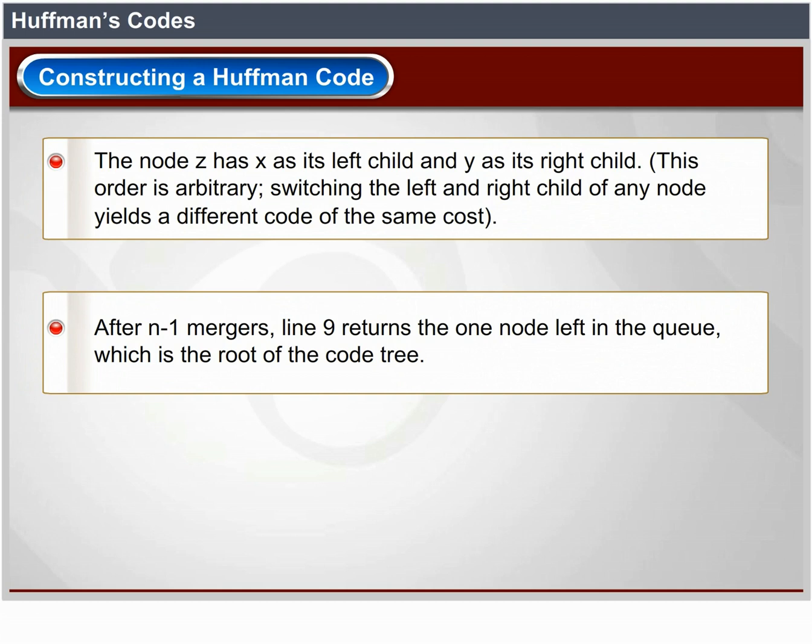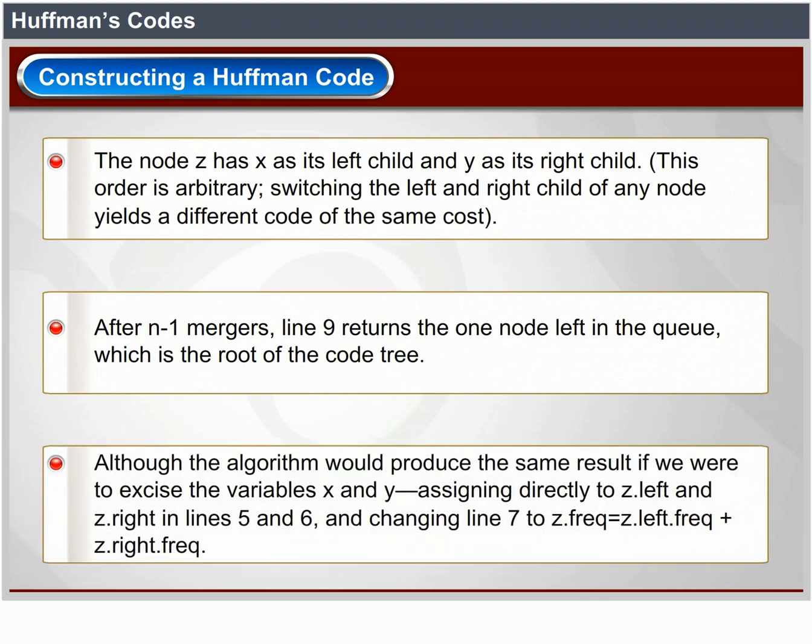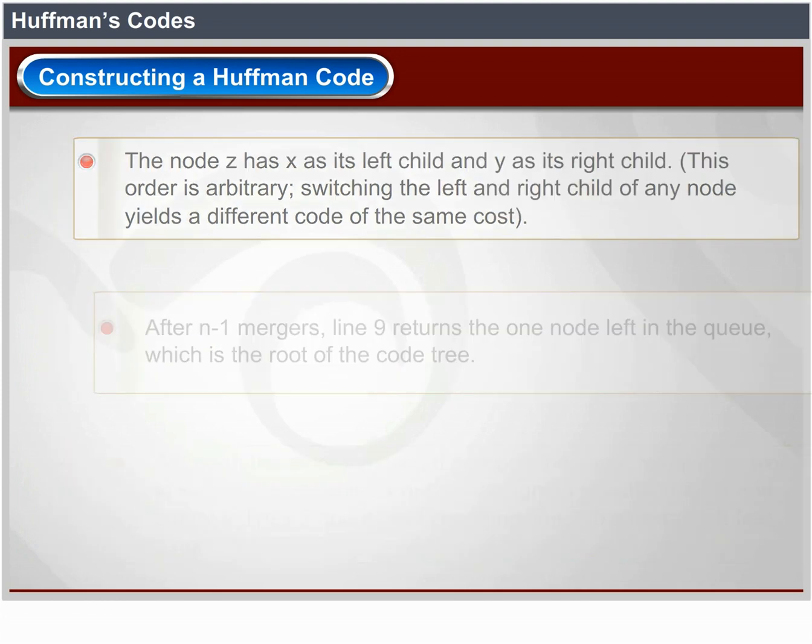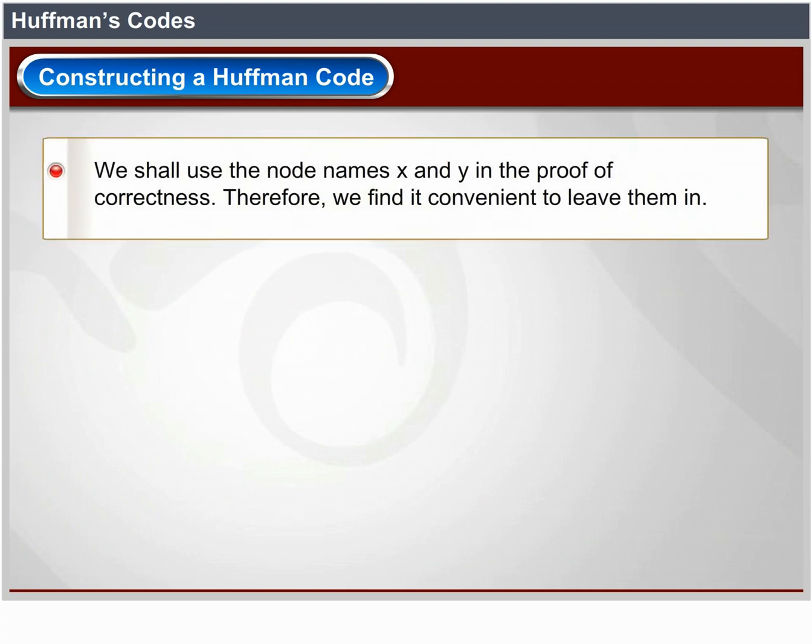Although the algorithm would produce the same result if we were to excise the variables x and y, assigning directly to z.left and z.right in lines 5 and 6, and changing line 7 to z.frequency equal to z.left.frequency plus z.right.frequency, we shall use the node names x and y in the proof of correctness. Therefore, we find it convenient to leave them in.